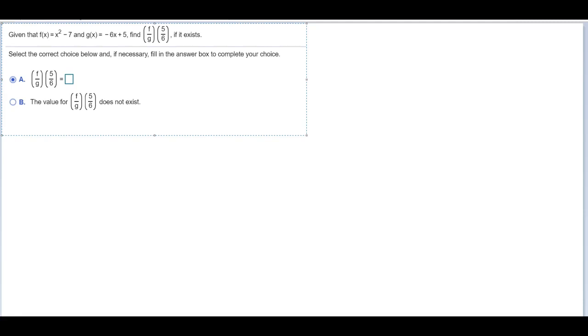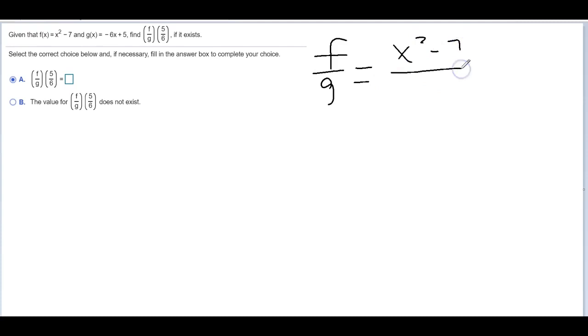All right, so we want to find first f divided by g. I'm going to write it right here. So we're going to find f divided by g. And f divided by g is simply the function f in our numerator, which is x squared minus 7, divided by g, which is negative 6x plus 5.